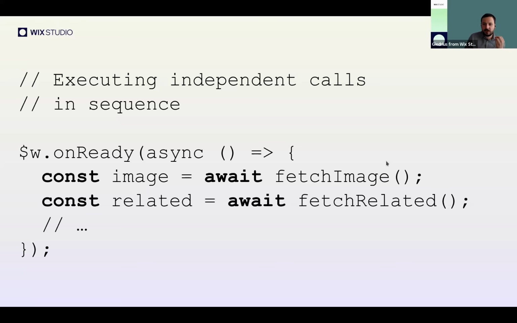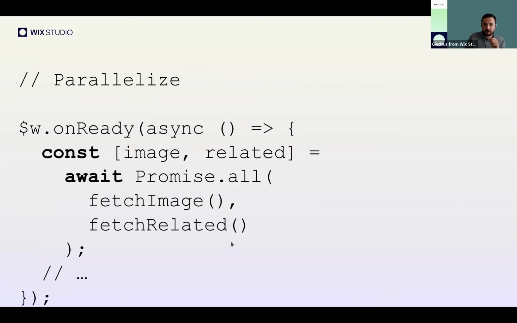It means I will fetch the image, and once this operation is completed, JavaScript is going to proceed to call fetch related. Even if the image is not used by this function, if it's not actually related, we may want to execute these in parallel. This will make it a lot faster.